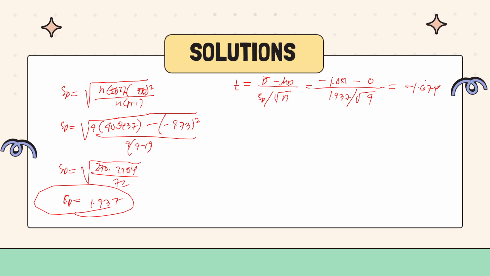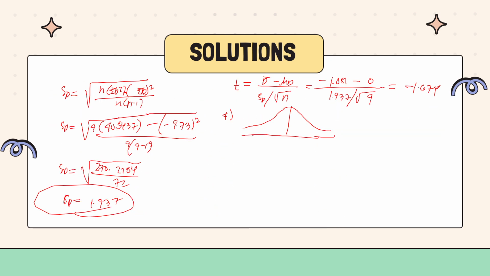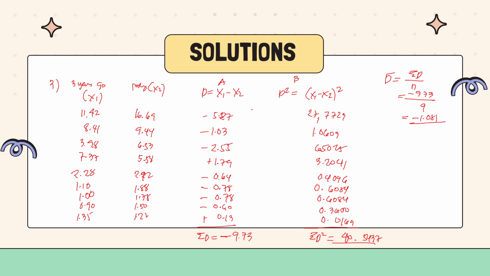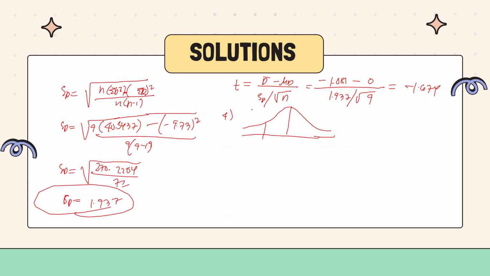So next we are going to make a decision. Step number 4, we have to make our decision. Since this is a left-tailed test, our critical value is negative 1.860, but the resulting test value is negative 1.674.